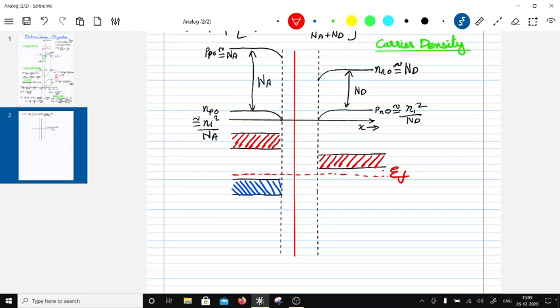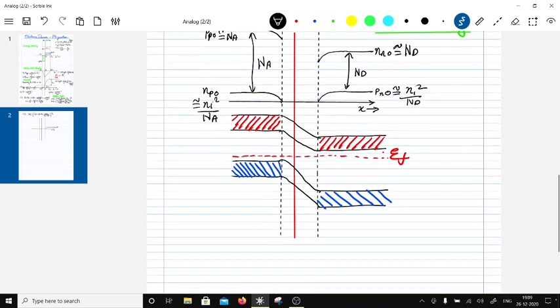Because it has lost electrons, the entire thing moves down, and this basically is like this. And let's talk about valence band on the n side. It's over here, and this is like this.